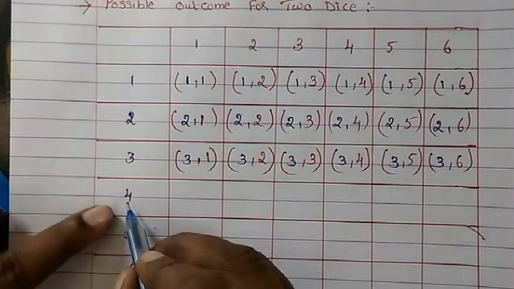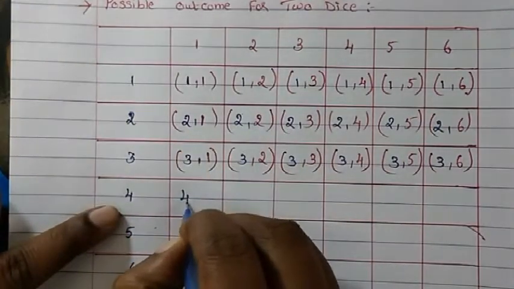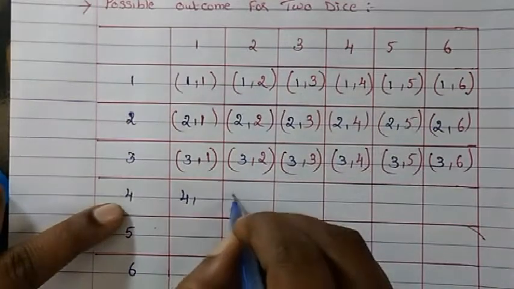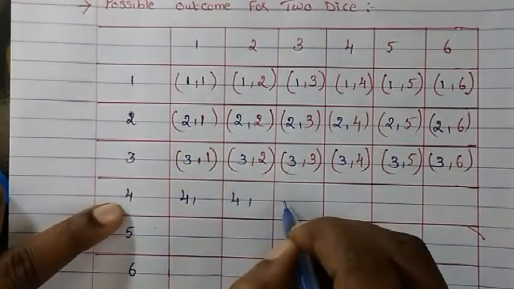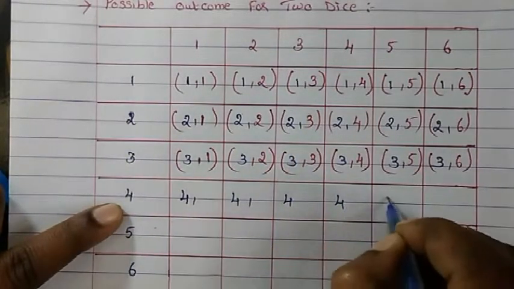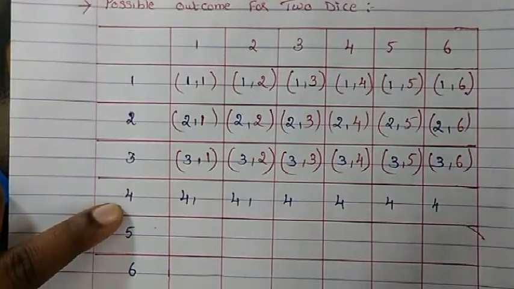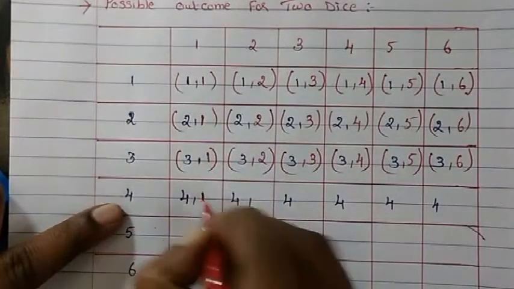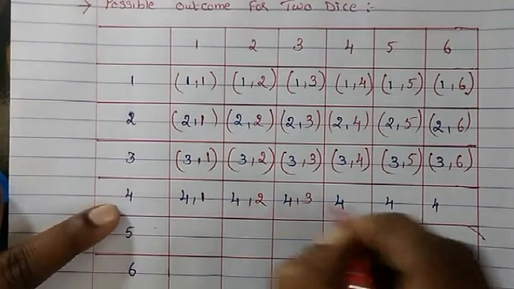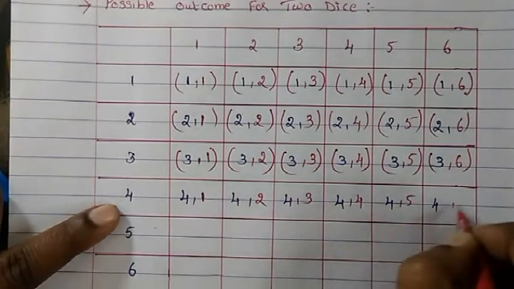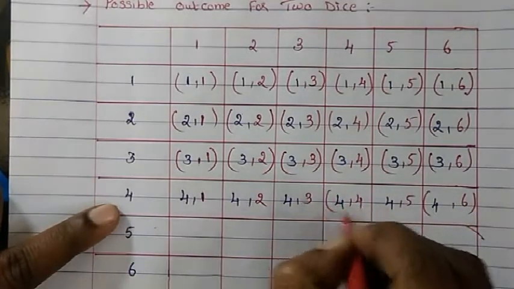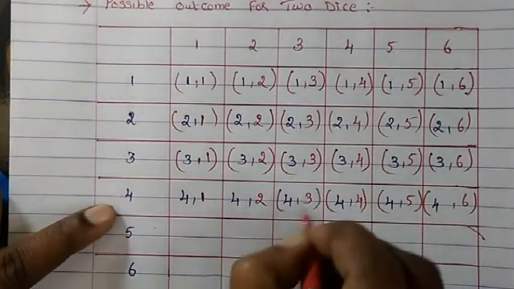Same way you have to write 4 also. With 4 there can be 1, with 4 there can be 2, with 4 there can be 3. That's why I am writing 4 first, then it is easy for you to make the list: 2, 3, 4, 5, 6.